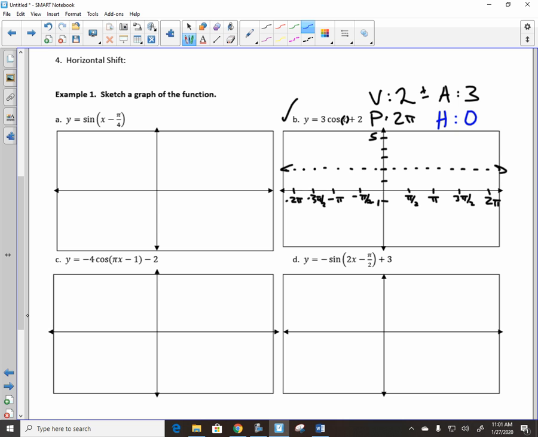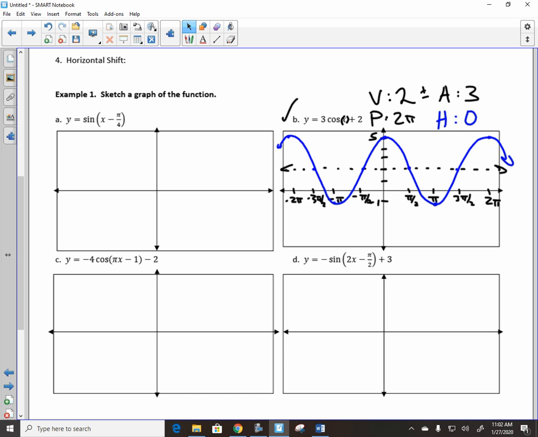So as I graph this, cosine starts either at the maximum or the minimum. Do you think it will start at the max or the min? The max because it's positive, so I start up at 5, cross over the middle, get to the bottom, and head back up. So this is exactly what we did on Friday.